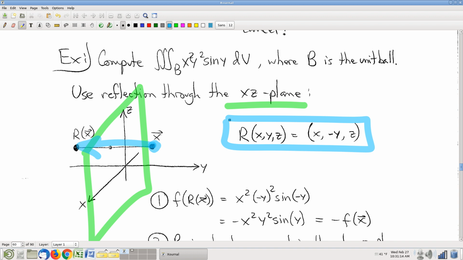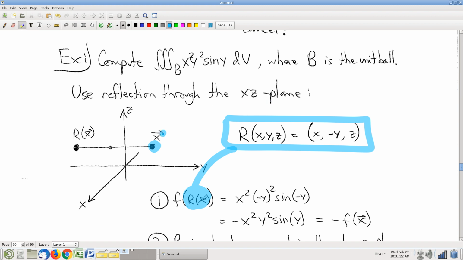Okay. Alrighty, what happens when I take this formula for reflection and plug it into the function? Well, my function is this thing. What happens if, everywhere I see a y, I put a negative y? So that's what our reflection is doing. Let me pencil this in. Everywhere I see a y, I'm supposed to put a negative y. I get a minus sign in there.